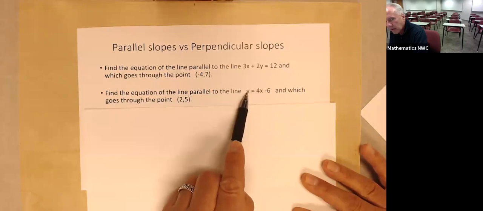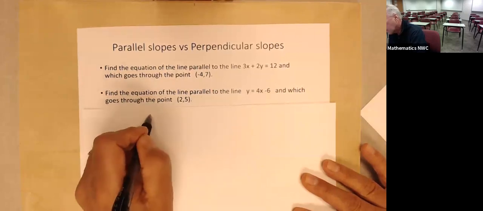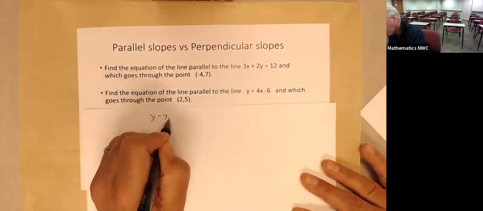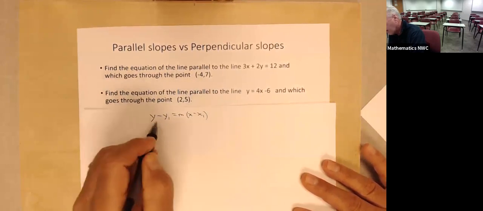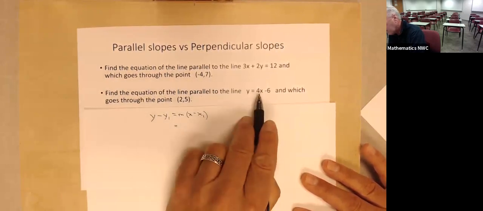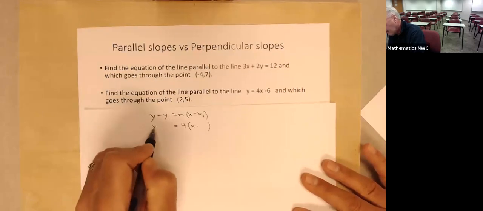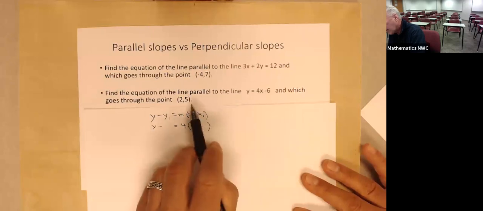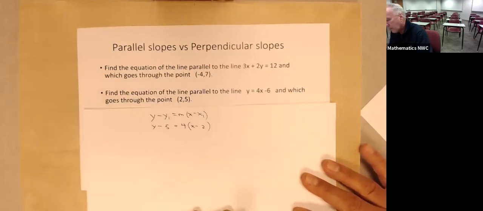So because it's solved for y, the number in front of the x is my slope. So this one goes a little faster. y minus y1 equals m times x minus x1. I'm going to put my slope in, 4. My x coordinate is 2. My y coordinate is 5, and I would be done.